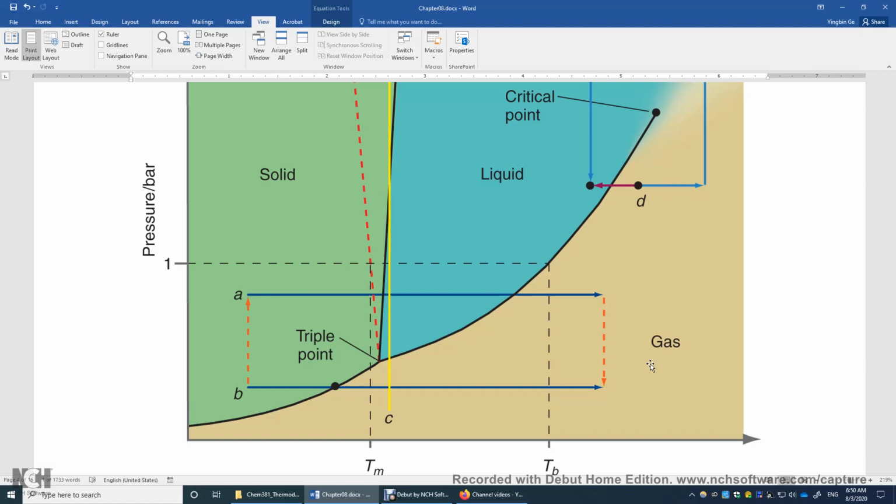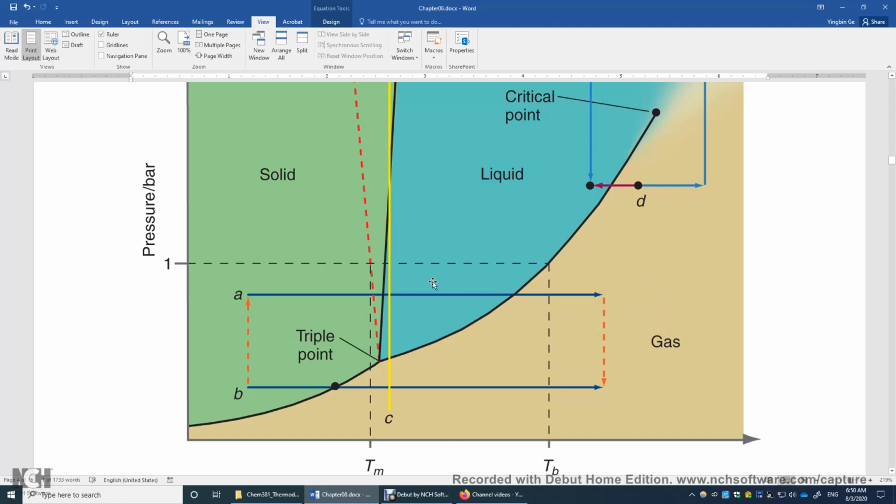So if you increase the pressure from 1 bar to 2 bar, the chemical potential increase of the gas is roughly 1,000 times that of a liquid or solid. Only because the molar volume of the gas is much larger.